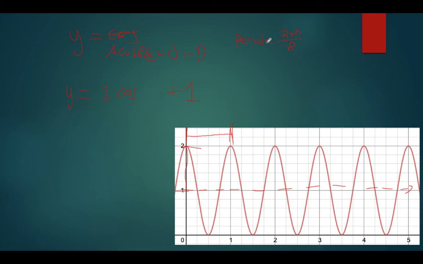So basically, in these problems, you're plugging in the period right here, which we said is 1. So you have 1 equals 2 pi divided by b. Times by b here, by b here. So b equals 2 pi.